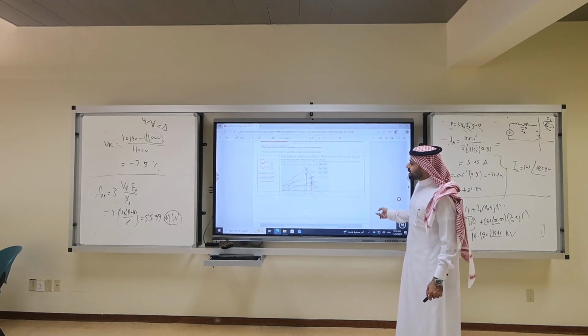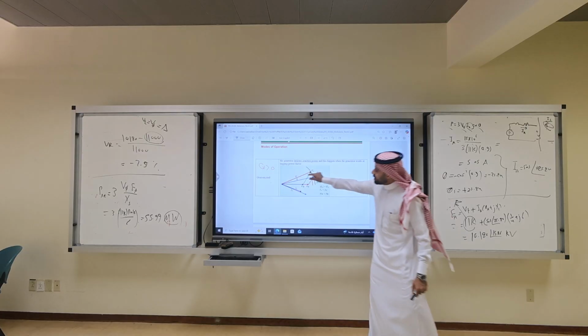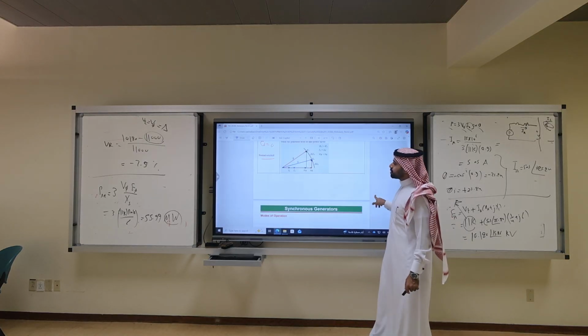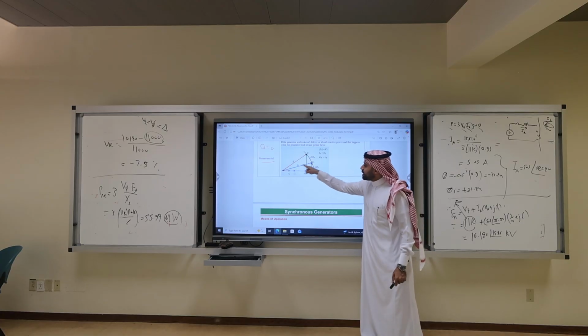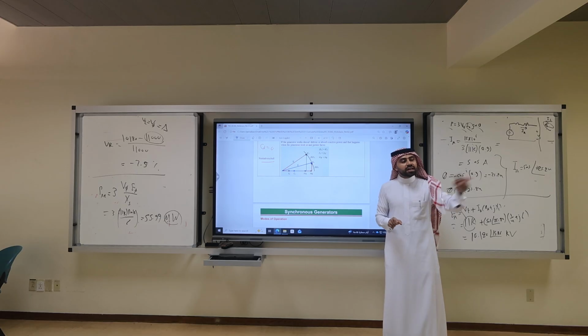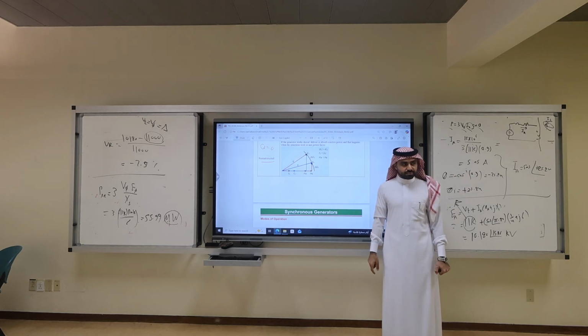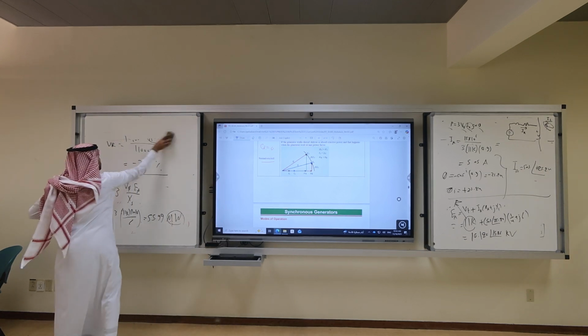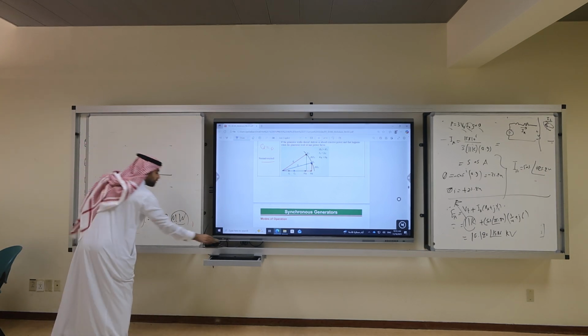is as in the normal excited figure. The delta is the theta below. The delta is the angle between EA and VT. The theta is the angle between VT and IA. So let me write it here in text. I will answer your question at the end. Feel free to leave.